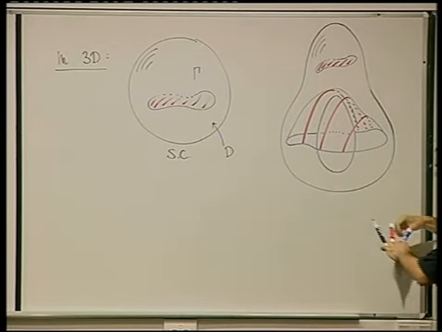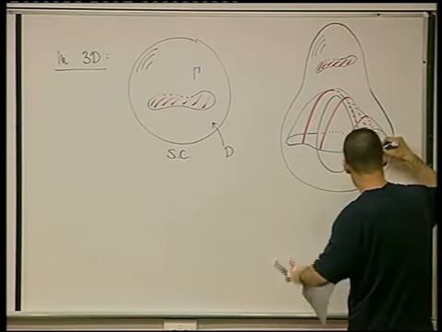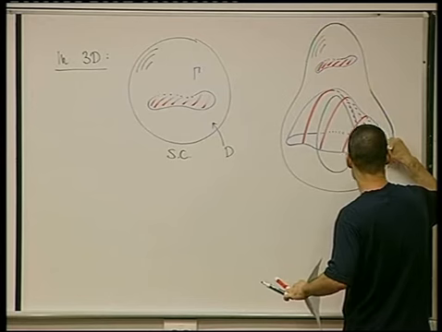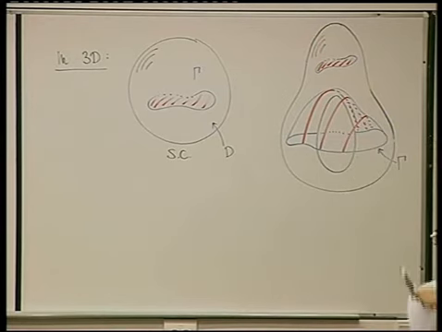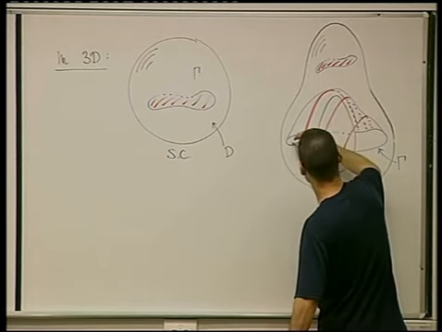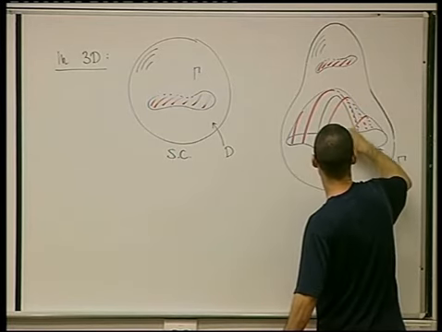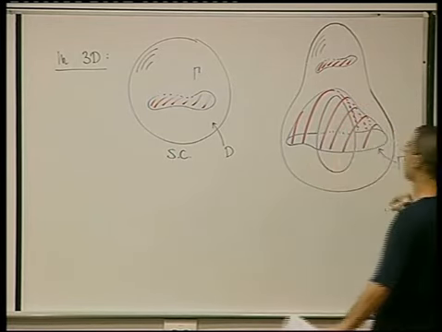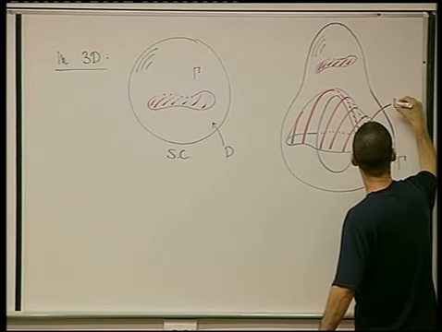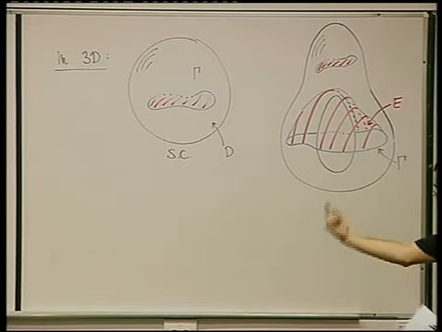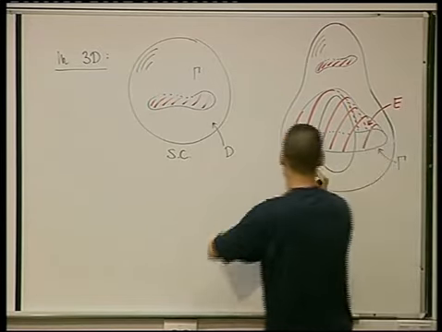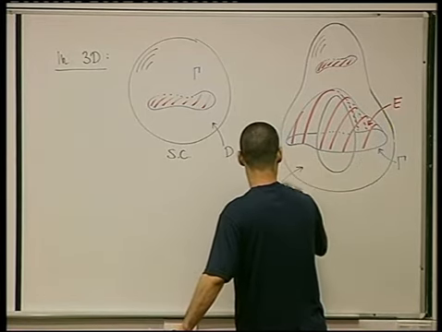I don't know if you can imagine this. So this was our original gamma. This is gamma. This is the simple closed curve. And this is the surface in red. This red thing is the surface E, for which gamma is the boundary, and it lives inside the big avocado.